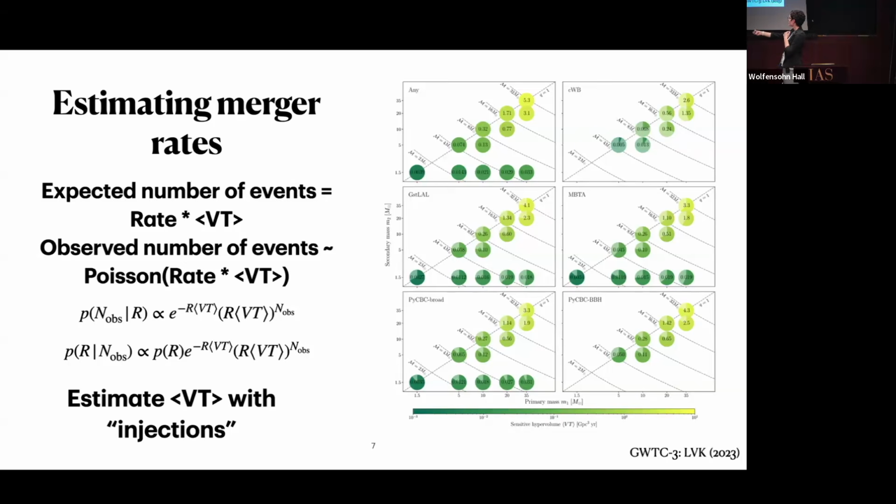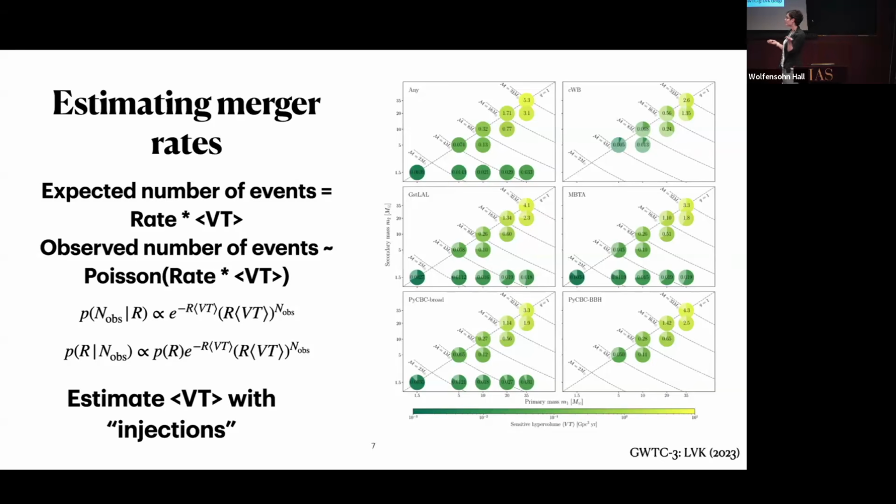And you can write that Poisson distribution, for people who don't remember, as this expression here, where R times VT is the expected number of events and N obs is the number of events that we've observed. So this is the likelihood for the number of observed events, which is our data, given the rate, which is the parameter we're trying to infer.